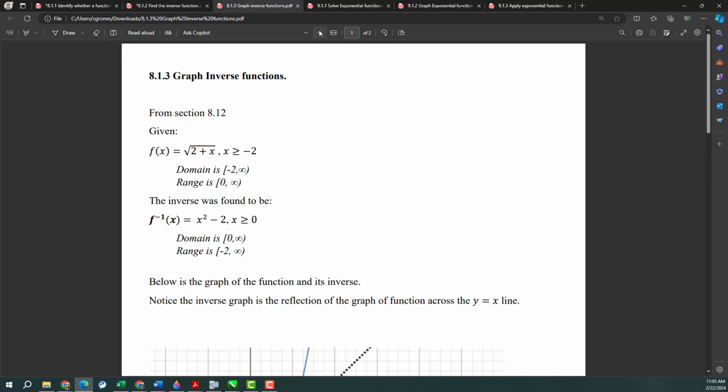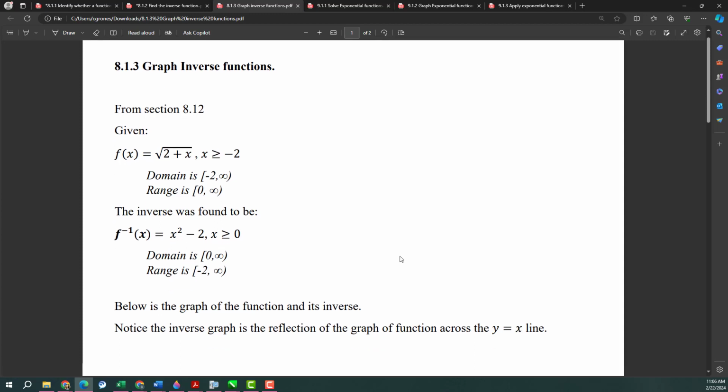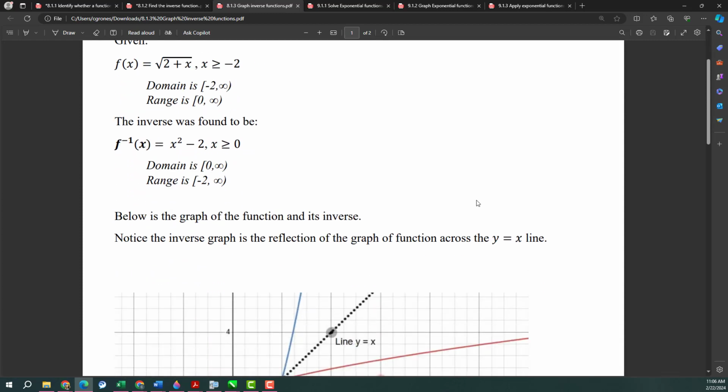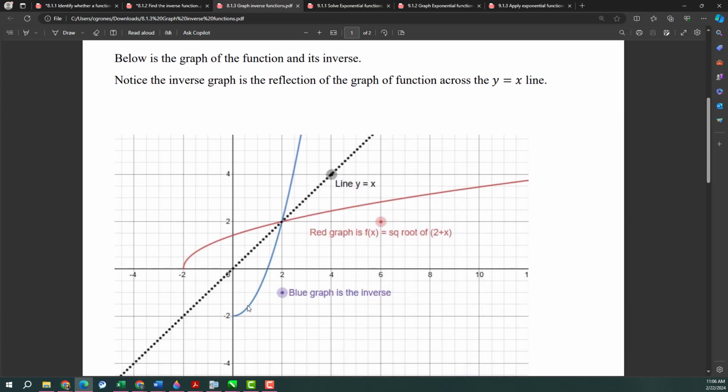8.3 is the last lesson for Module 8, and we are going to graph the inverse functions. So it is given that we have our f of x, the inverse was found, and then the graph of both of these functions.